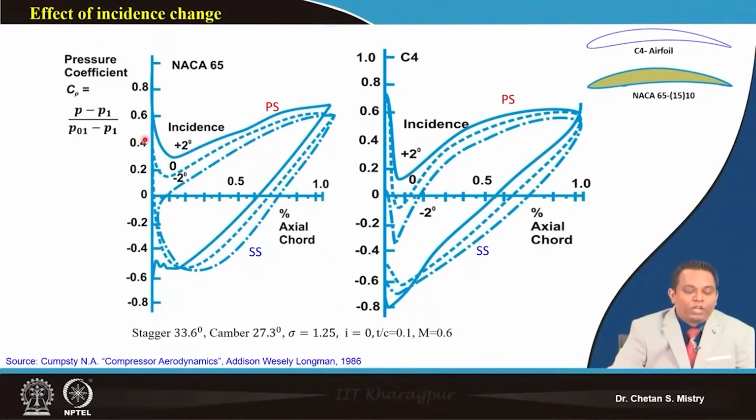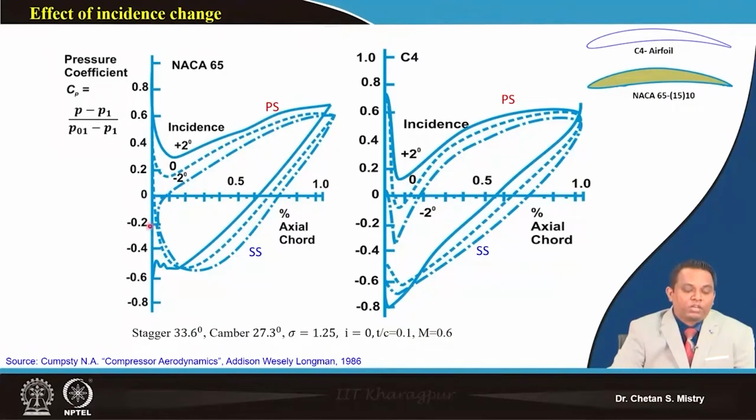If we look at the 0 incidence case, this represents the acceleration on my pressure surface, and later how the diffusion continues on the pressure surface.